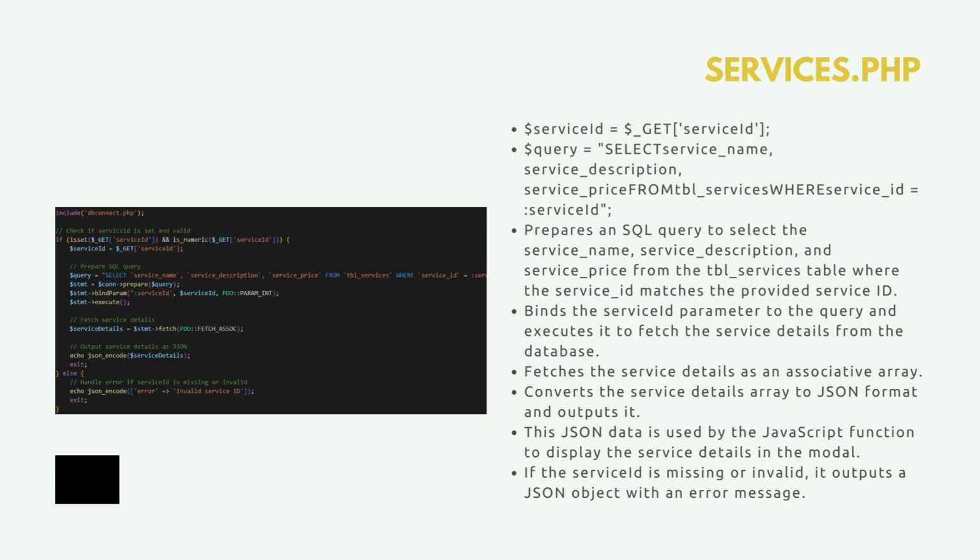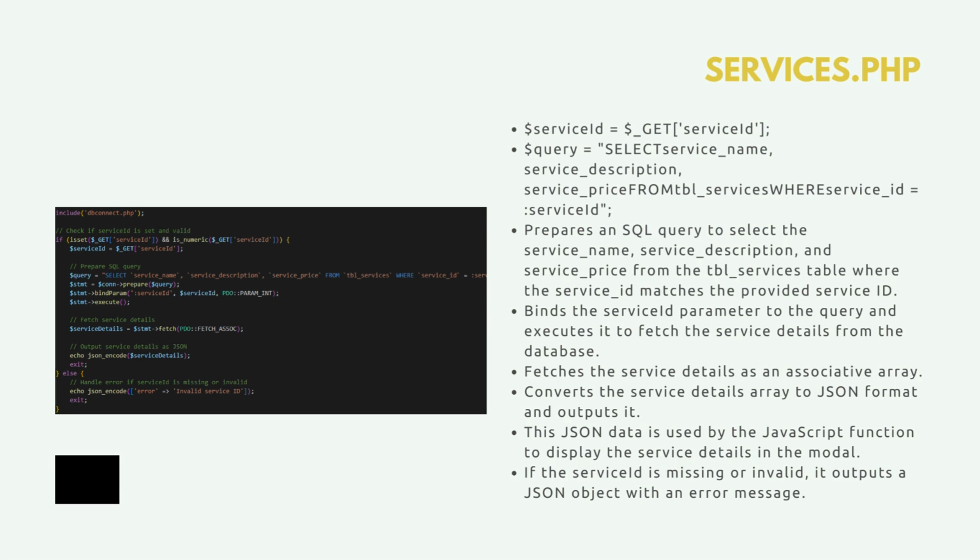And this is fetch service PHP. This PHP script is used to fetch the details of a specific service from the database based on the service ID provided in the URL query parameter. It returns the service details in JSON format, which can be used by JavaScript, and it will also include the database connection, and check if the service ID is valid or not.